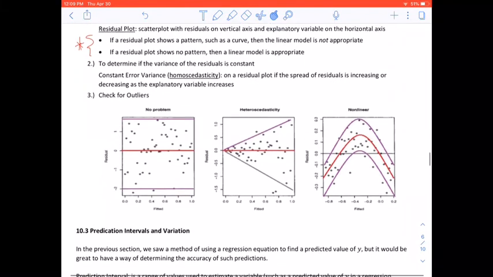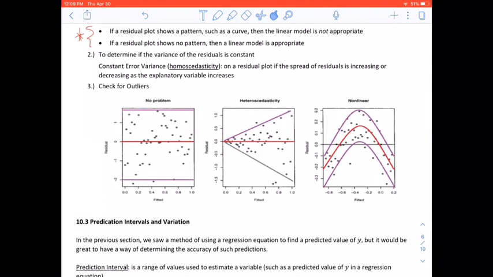We also determine whether the variance of the residuals is constant. We have a constant error variance, called homoscedasticity. On a residual plot, look at whether the spread of the residuals is increasing or decreasing as the explanatory variable increases. We need to check for outliers. If you notice in the first graph, there is no pattern going on, so since it shows no pattern, a linear model is okay.